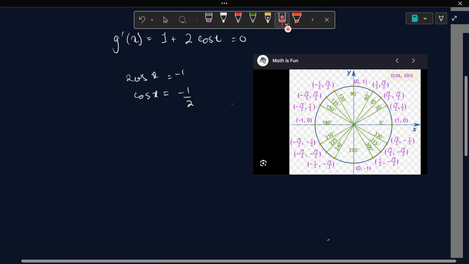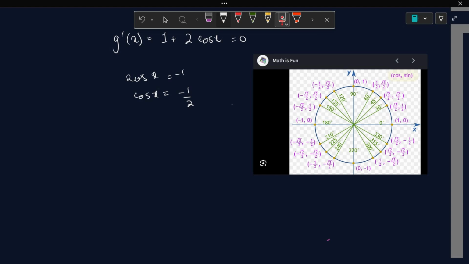From here you can see that this shows cosine of x and sine of x. The first value of each point corresponds to cosine, and the second one corresponds to sine. We are trying to figure out where cosine is equal to -1/2.